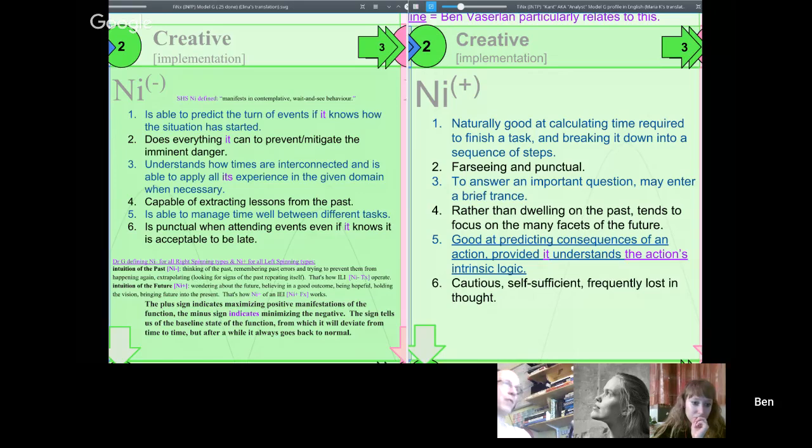What is an artifact of the model and the definition of the function, and what is real? Usually if you see something which doesn't strike you as something you observe in real life, you think, oh, I know why it's in there, because of the way the model is, because of the definition of the position and the definition of the function.